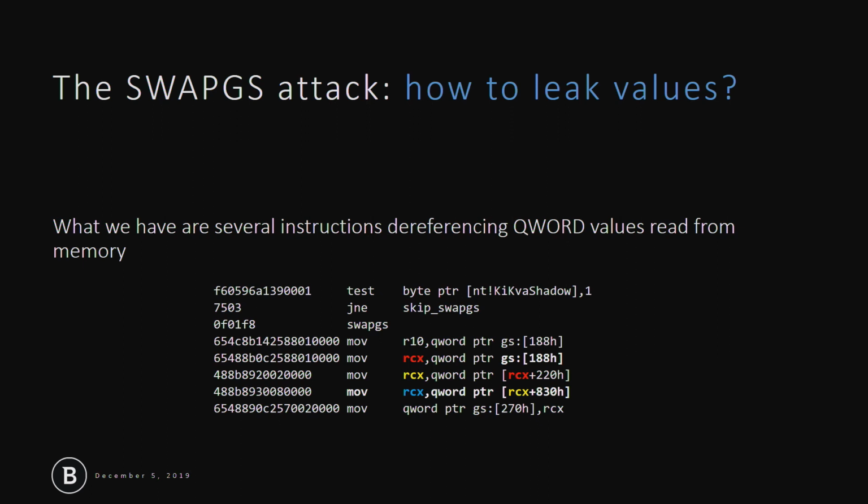The first access, the one that loads RCX from offset 188 inside GS, is then used for another dereference, which loads into RCX another value from the address pointed by RCX plus 220. And then we have yet another access, which yet again loads into RCX the value located at RCX plus 830. So we have several memory accesses in somewhat of a chained manner.